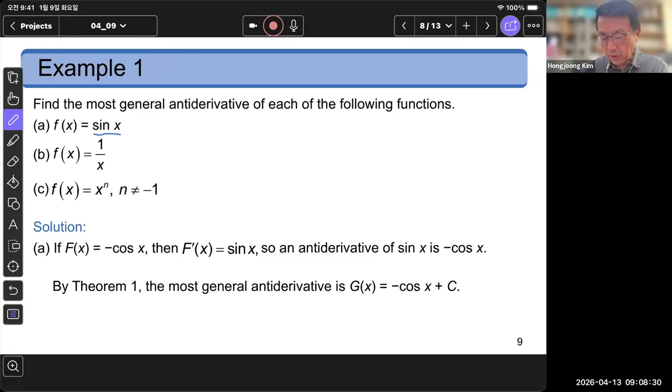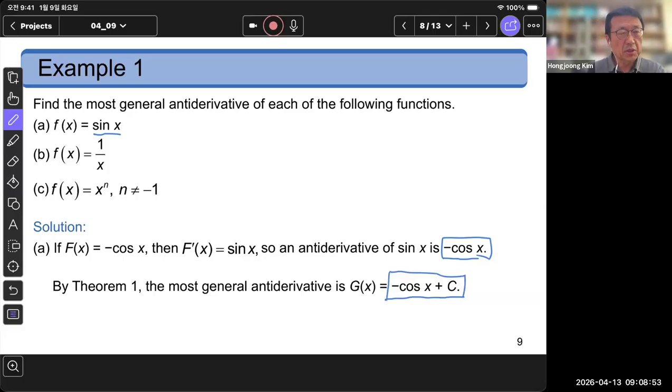So if you differentiate negative cosine, you get the sine x, right? But that's not the only one. When you add any constant to negative cosine x, you get sine x.